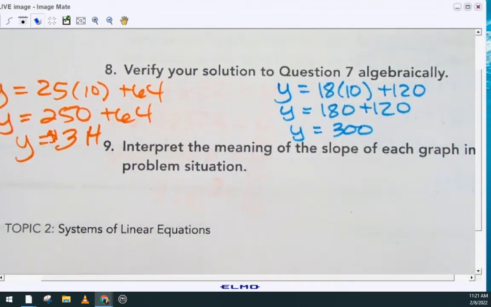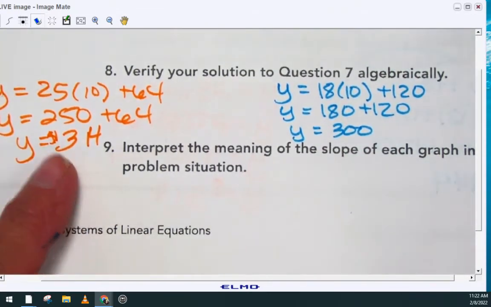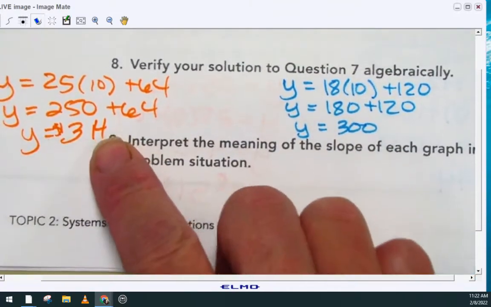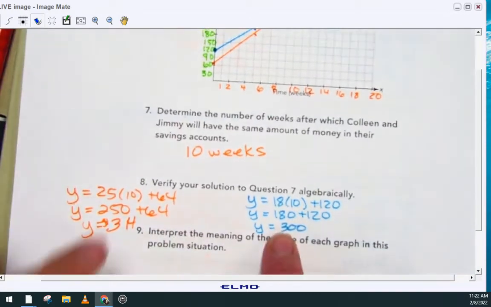So maybe, let's see. Look at this, the orange line is higher than the blue line.